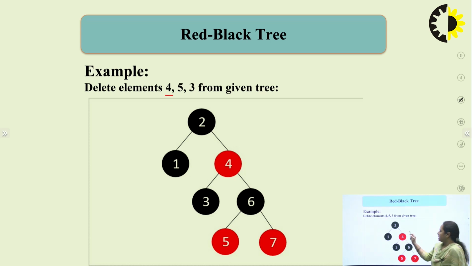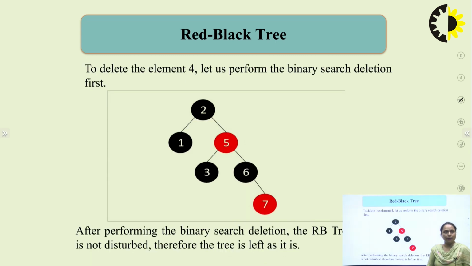See, 4 is this. We have to delete 4. The color of the node 4 is red. Plus, 4 is a node which has 2 children. So the deletion process will remain the same as we did in BST along with the RB tree property.